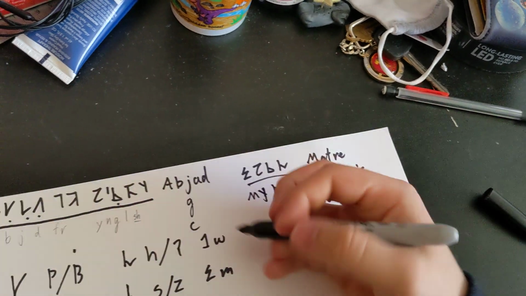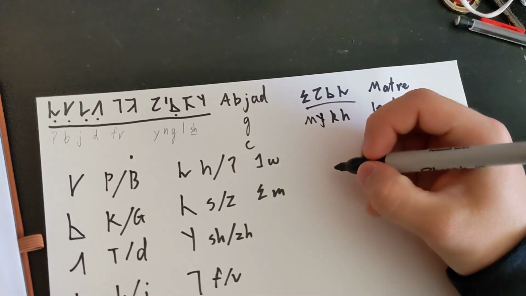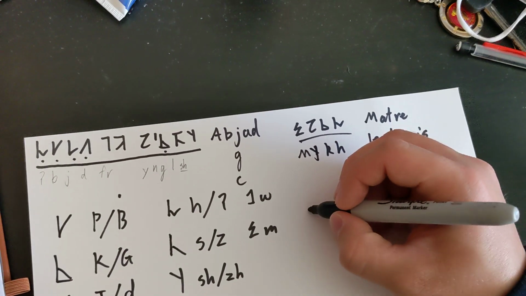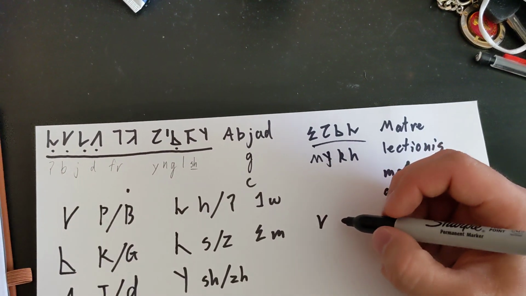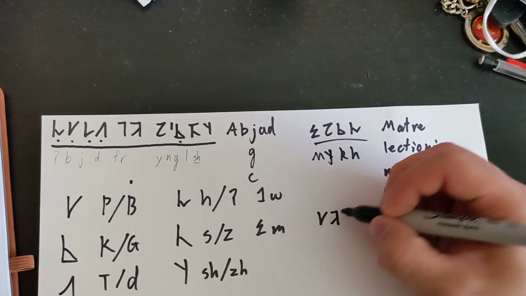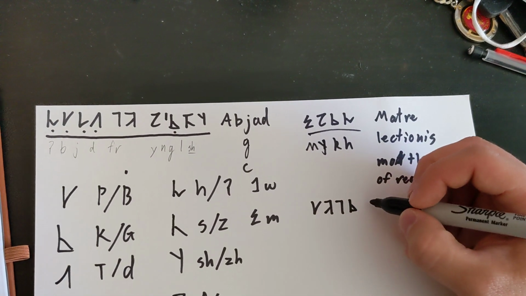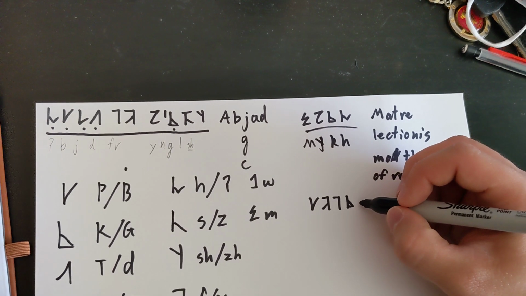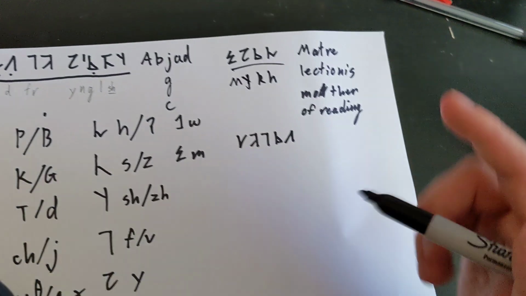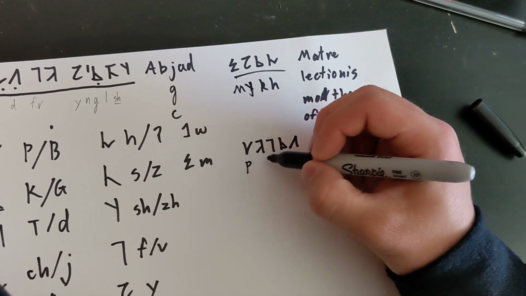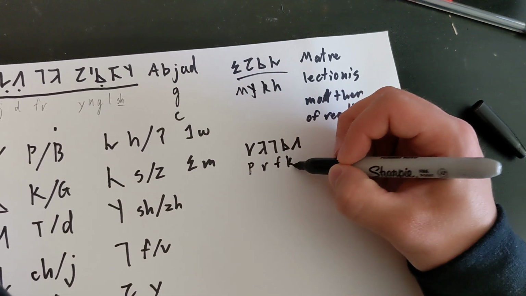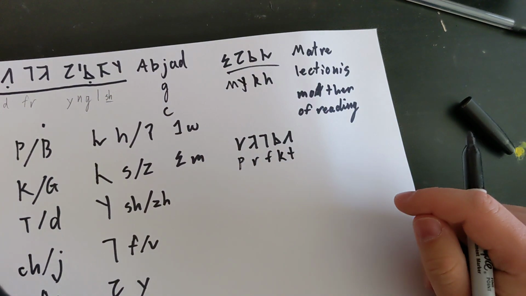And now for other words, for the most part, you may not really need a vowel at all. For example, the word for perfect, if I can actually write my own stuff, perfect, and then two, perfect. So it's literally just P-R-F-K-T, perfect.